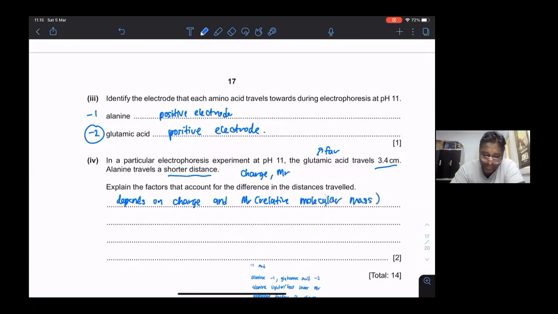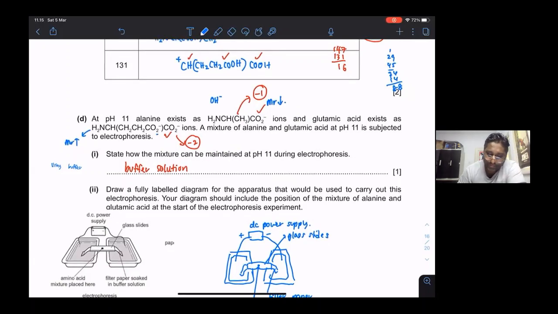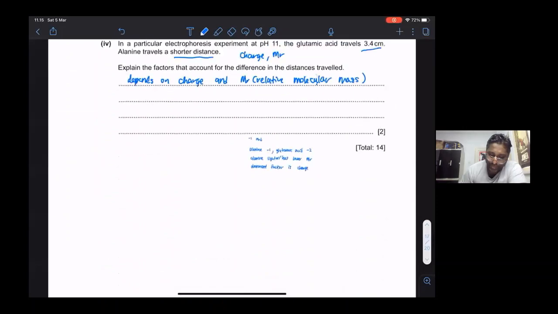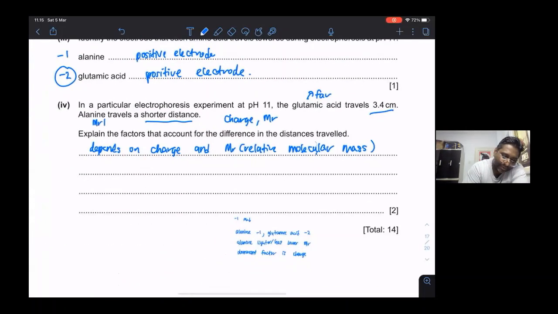Okay, but in this case, when I see here, this alanine is smaller. MR is smaller compared to this molecule. So if you want, you can count. Yeah, but I can see here there's a lot of carbon here, so the MR is greater over here. So alanine is smaller. Okay, and if MR is smaller, normally they will travel further. Yeah, but in this case, they travel a shorter distance.